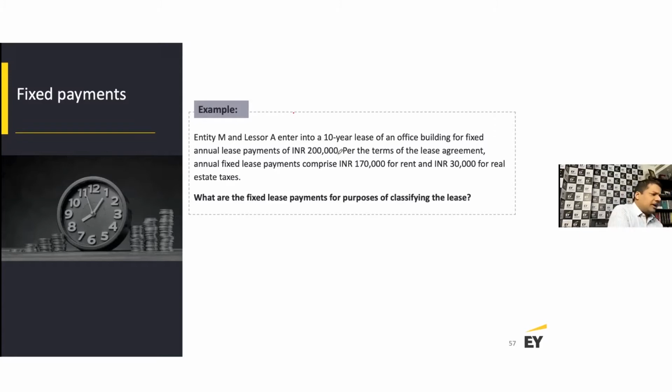So I have to make an annual lease payment of 200,000, a fixed payment of 170,000 and 30,000 for real estate taxes. So what are the fixed lease payments for the purpose of classifying the lease, right? In this case, the fixed lease payments are nothing but 200,000, right?